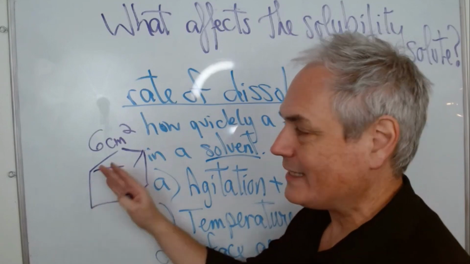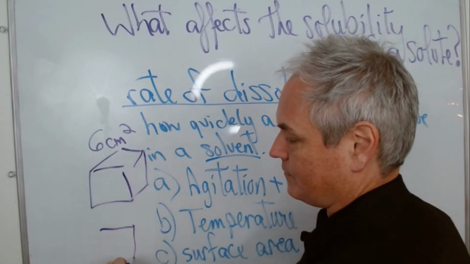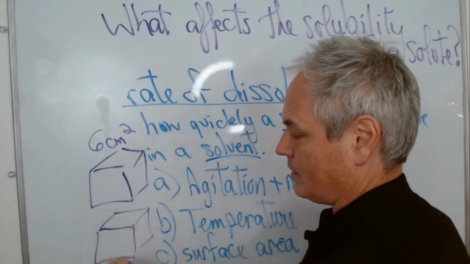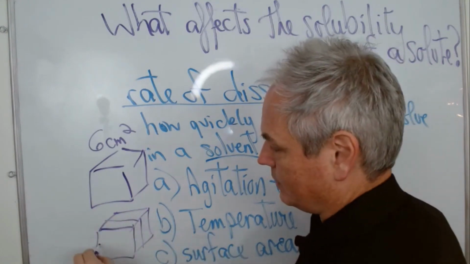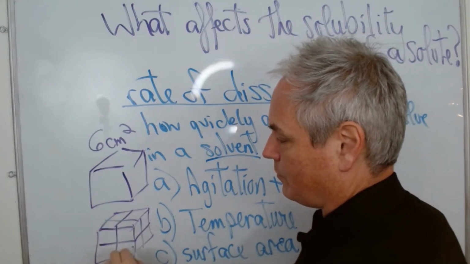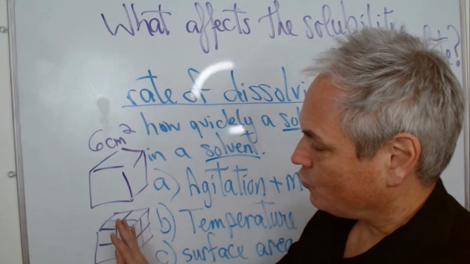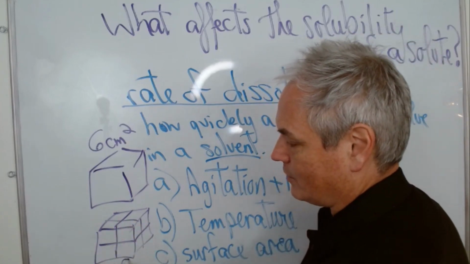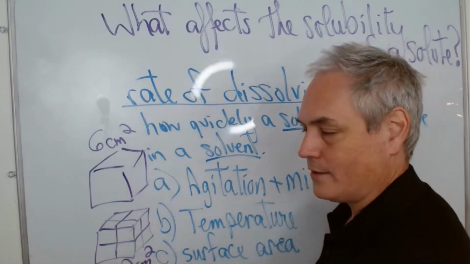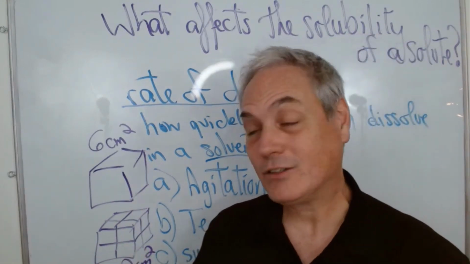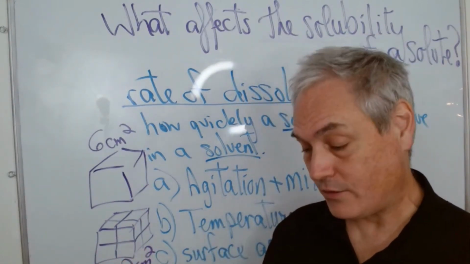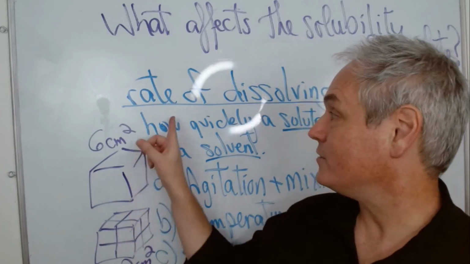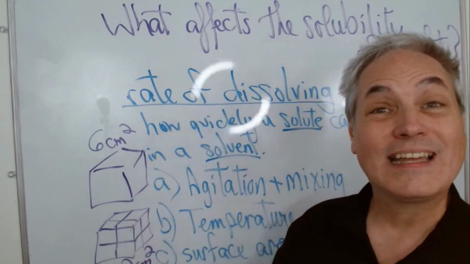If I cut it in half on each of the sides, and then cut each of the portions like this, you end up with 12 square centimeters. So by breaking it down and increasing the surface area, you can actually change the rate of dissolving.